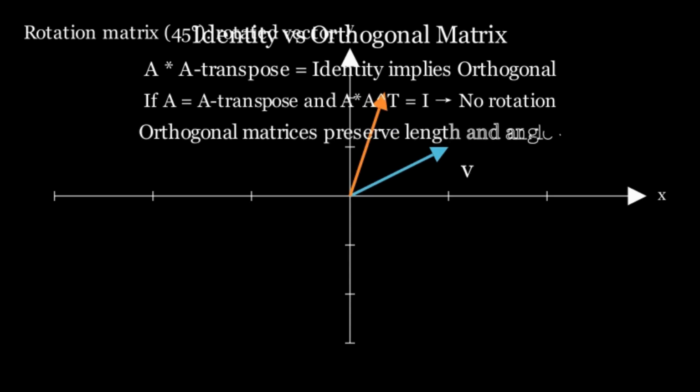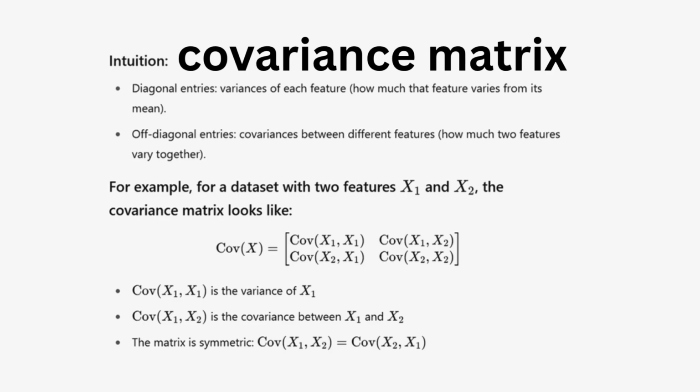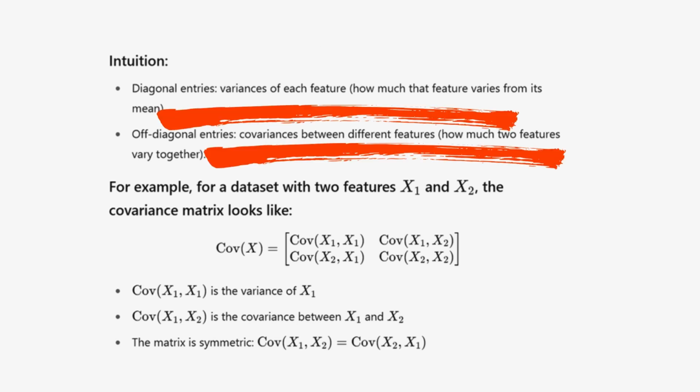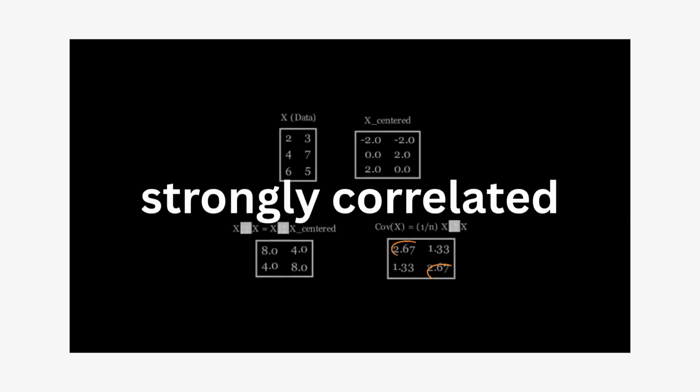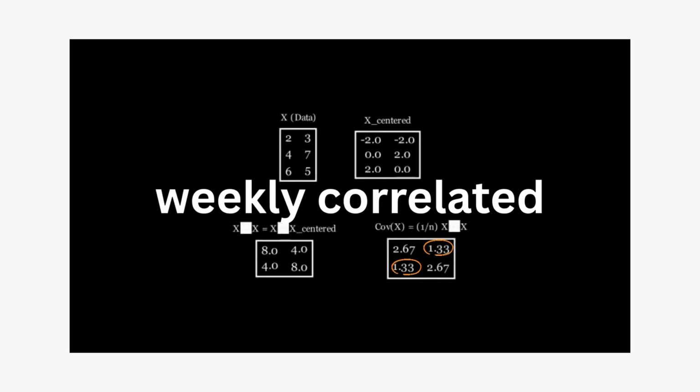Before we get into PCA, we need to come across another term, which is the covariance matrix. It measures how much one feature varies with another. If features vary a lot with one another, they are strongly correlated. If not, then they are more independent. They are not correlated.